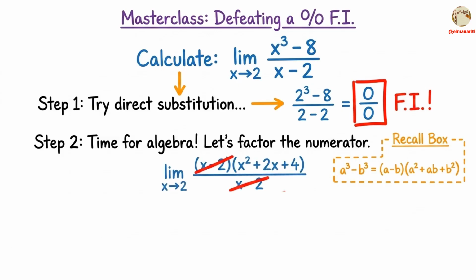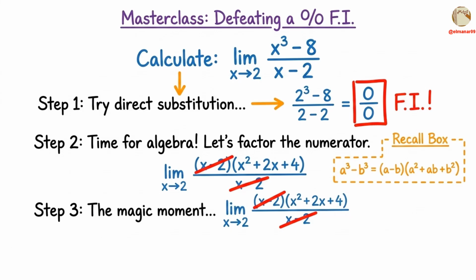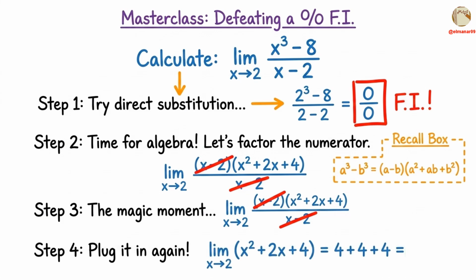X cubed minus 8 is a difference of cubes, becoming x minus 2 times x squared plus 2x plus 4. Step 3. The magic moment. Notice we have x minus 2 on top and bottom? We cancel them out. That x minus 2 was the troublemaker causing the 0. Step 4. Now that the disguise is gone, plug in x equals 2 again. We get 4 plus 4 plus 4 equals 12.